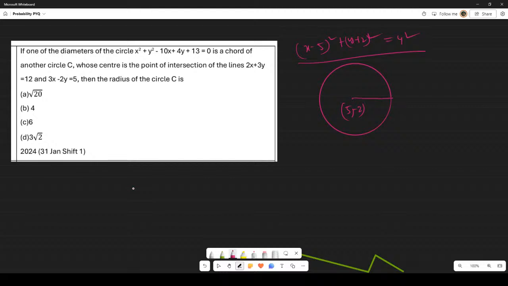One diameter, I am taking any diameter here, is a chord of another circle. Taking the diameter this way. And it's a chord to another circle. You have to draw that circle. How to draw? This is a chord of that circle.